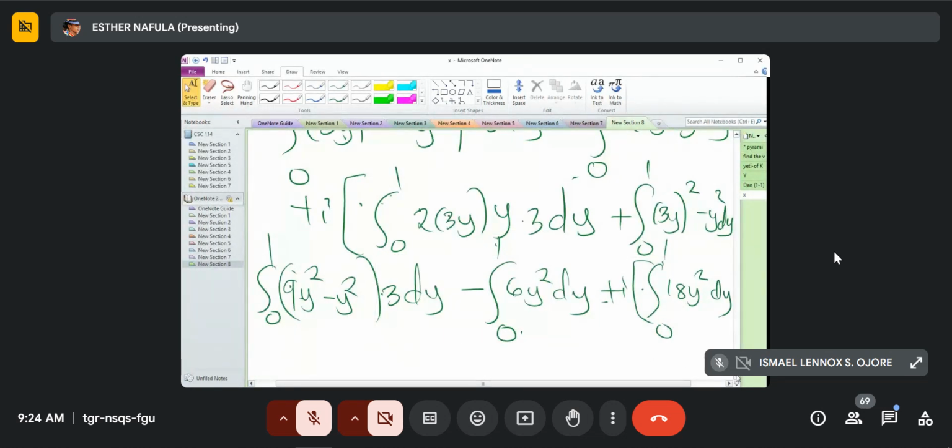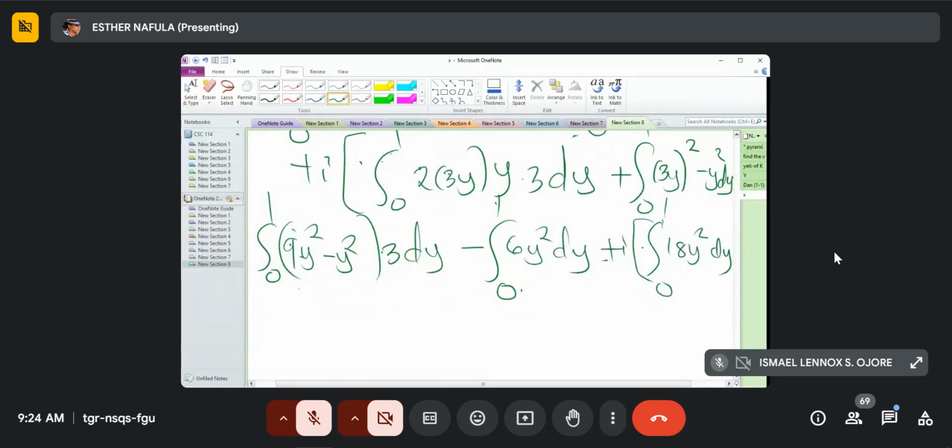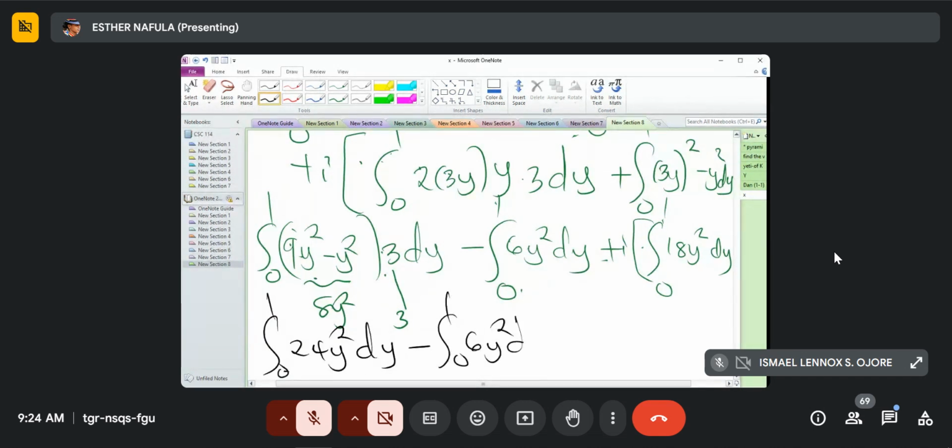We simplify this, we get 8y squared. If we multiply by 3, we get 24y squared. So the first part should be, integrating from 0 to 1, 24y squared dy, minus the integral from 0 to 1 of 6y squared dy, plus i times the integral from 0 to 1 of 18y squared dy, minus the integral from 0 to 1 of 8y squared dy.